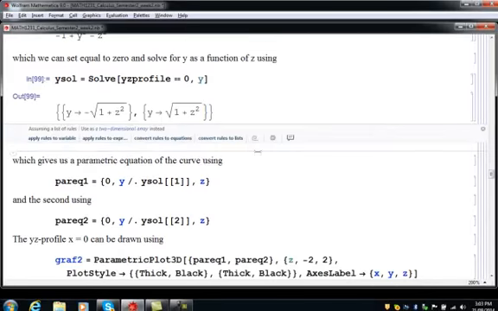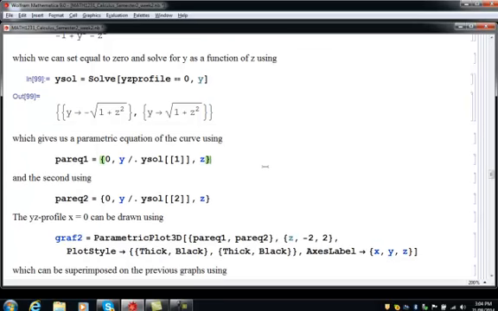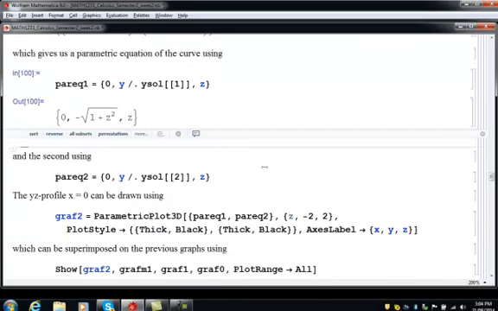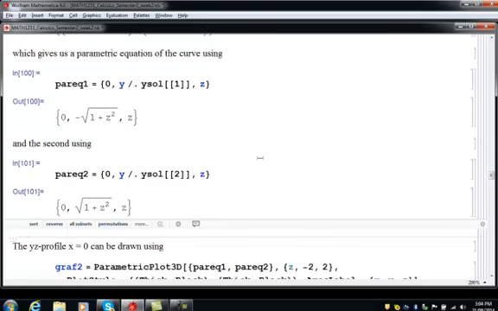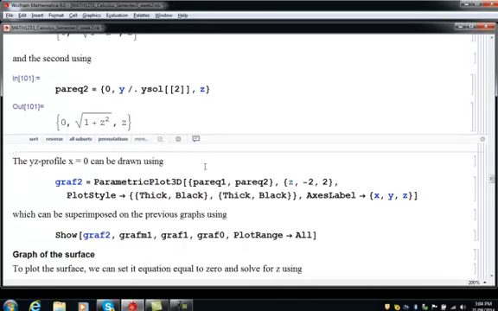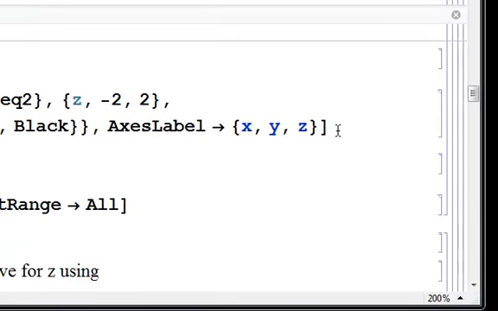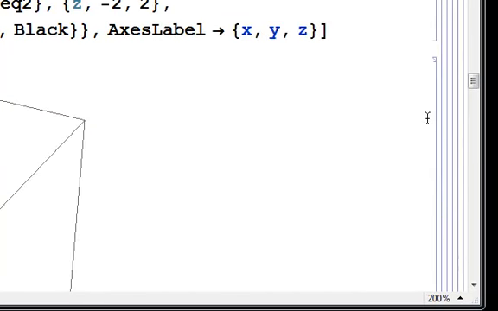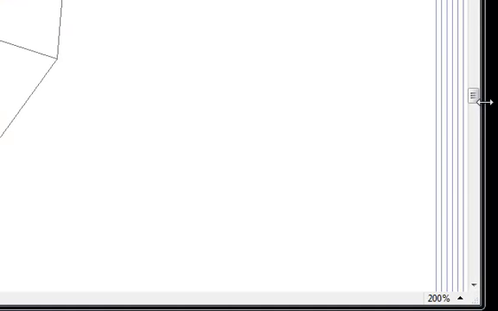Mathematica finds two solutions, and we can obtain the parametric equations of the first curve and the second curve, and we can plot those in 3 dimensions using the same Mathematica graphics routine. Plot them in black, and that's what that graph looks like.